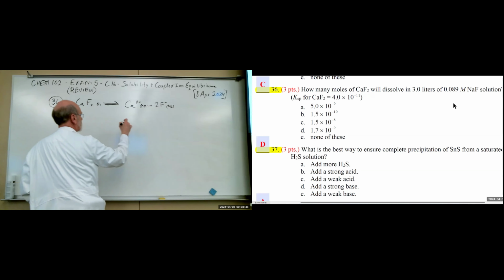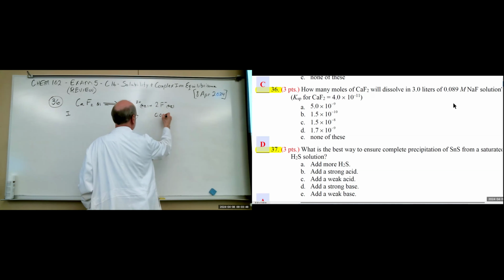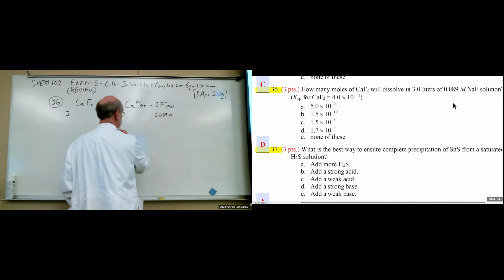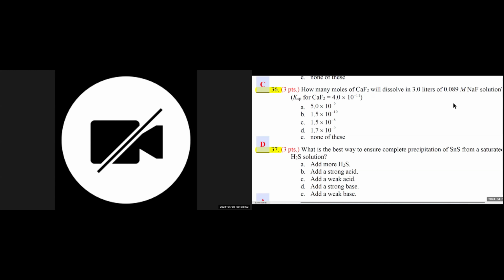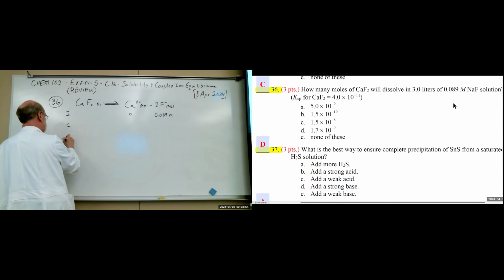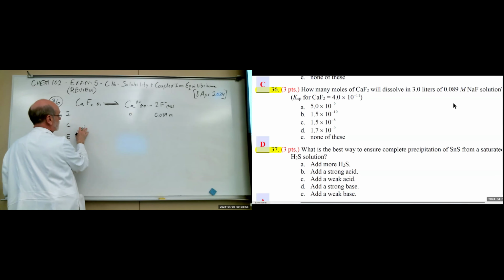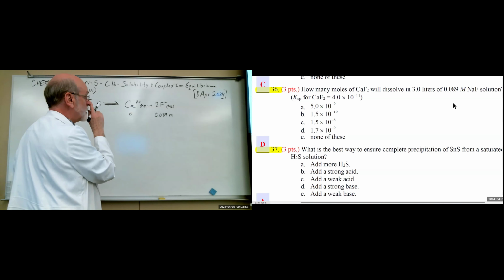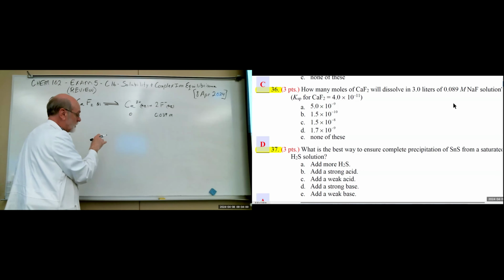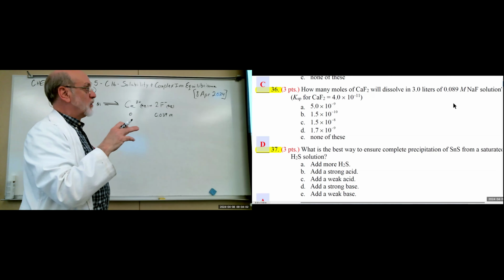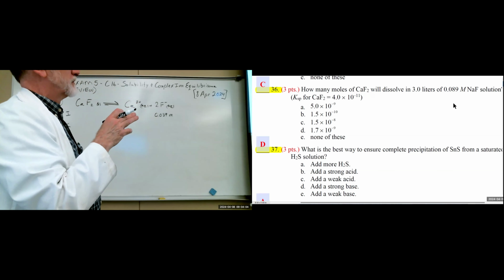Initial is 0.089 molar. We have none here. So that means, first of all, we're looking for the number of moles that will dissolve in 3 liters.